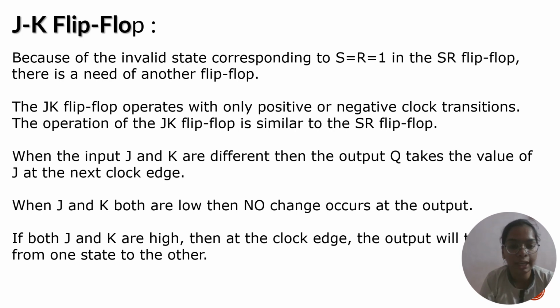When the inputs J and K are different, then the output Q takes the value of J at the next clock edge. When J and K both are low, then no change occurs at output. If both J and K are high, then at the clock edge the output will be toggled from one state to another.